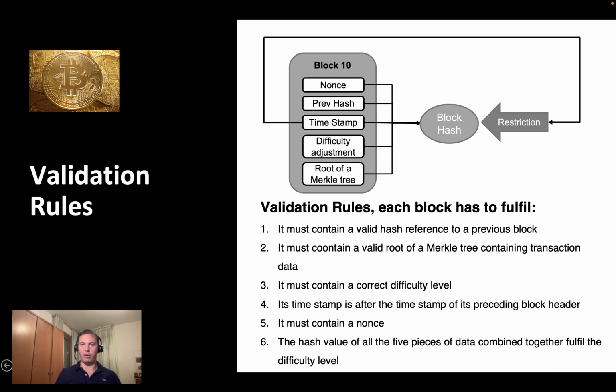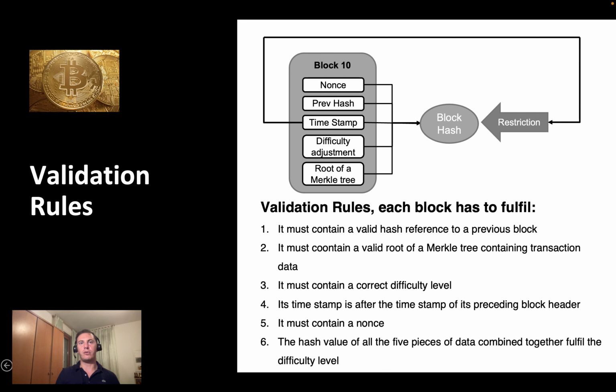So adding both the previous hash and the difficulty adjustment, and that the number should be lower than the difficulty target, it makes sure that block 10 was created after block 9, because otherwise you cannot create block 10 without the hash of block 9. So block 9 should be created. And secondly, with the difficulty adjustment, it's clear that you spend bits, so you spend energy, you spend electricity. There is a proof of work in order to find this block.